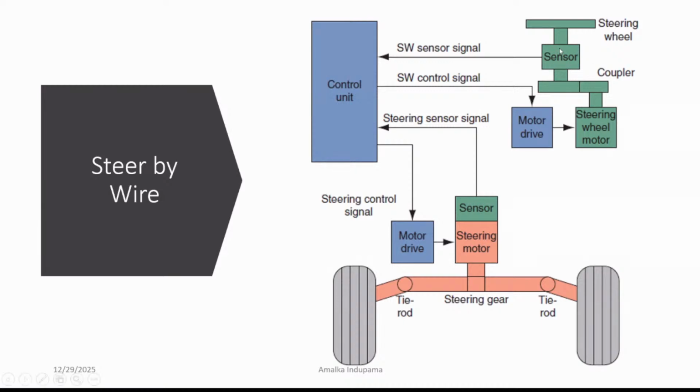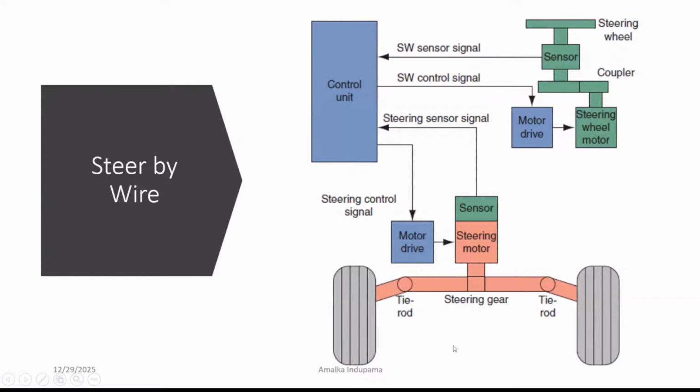Here you can see that the steering wheel is connected to a sensor that determines the amount of effort and the angle by which the steering wheel has been rotated, and it sends that to the control unit, the ECU.